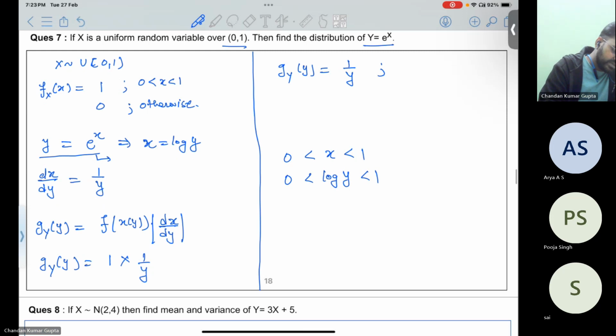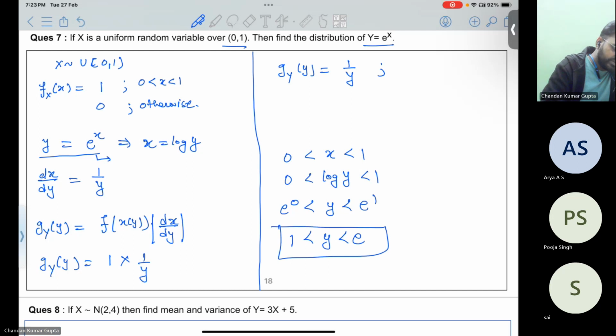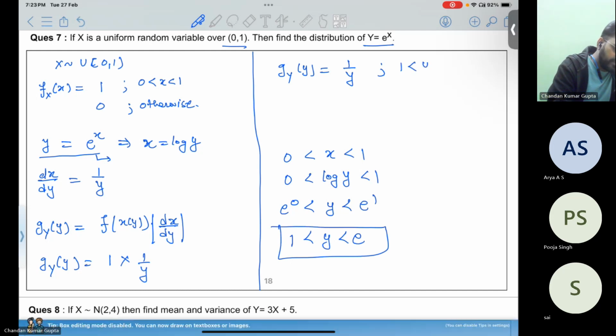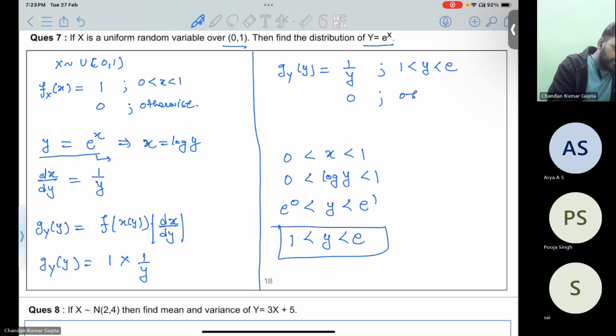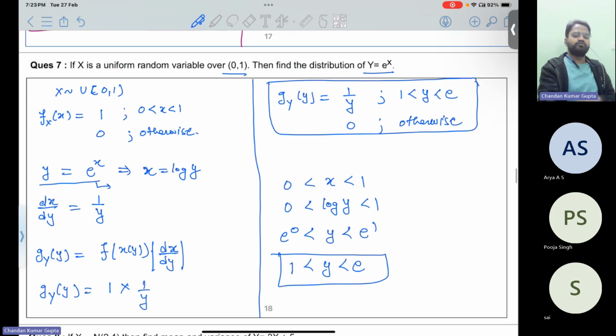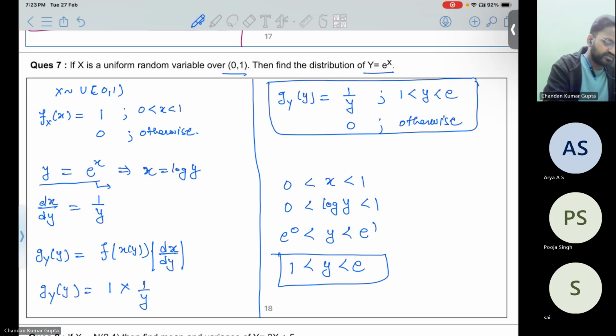That means y lies between e to the power 0 to e to the power 1, which is equal to 1 to e. So 1 by y when y is between 1 and e, or 0 otherwise. This is our distribution of the y variable, which is e to the power x. Is it clear?